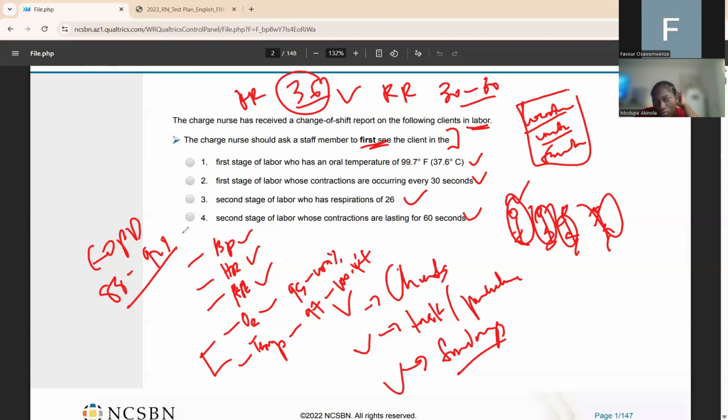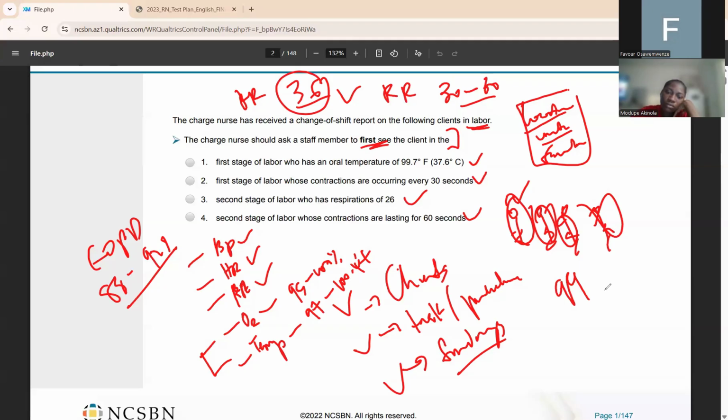Now, that's for temperature, right? The normal range is 97 to 100.4. Anything that is higher than 100.4 is infection. Inflammation cannot be as high as 100.4, right? Inflammation can be more than 99.